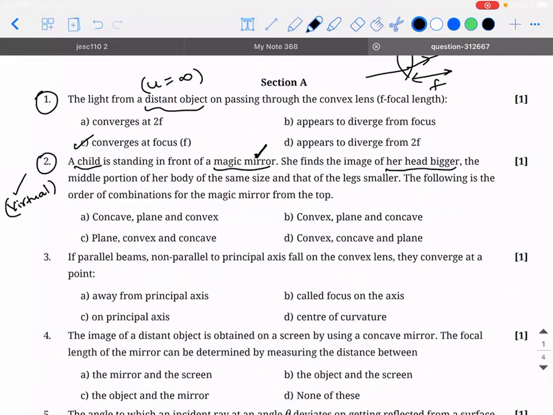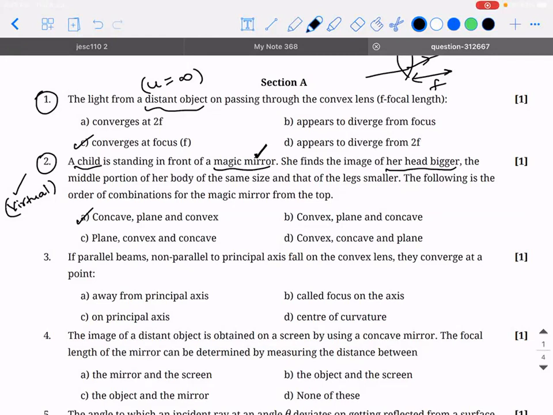So a bigger virtual image is formed by which mirror? Concave. So the option is supposed to be? First one, concave, plane, and convex. Yes, concave, plane. Let's verify the other two also. The middle part is of the same size. Obviously, a plane mirror forms an image of the same size.